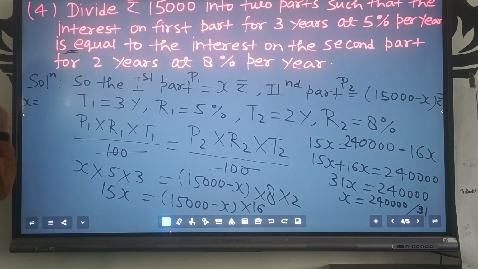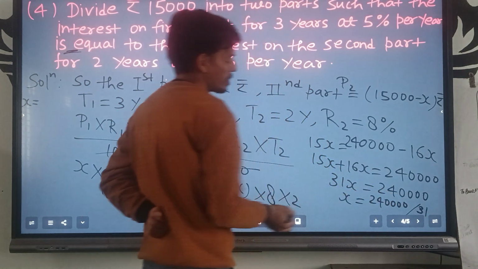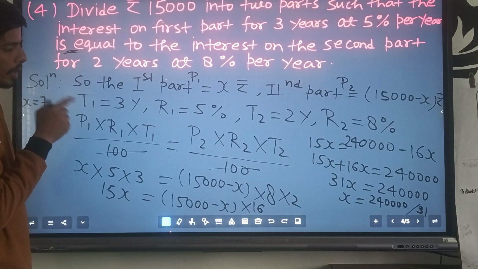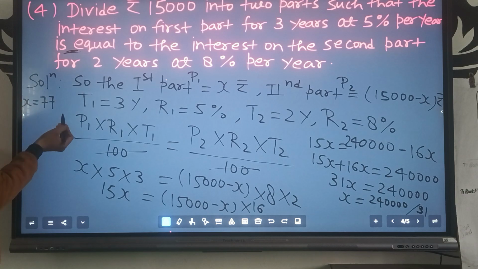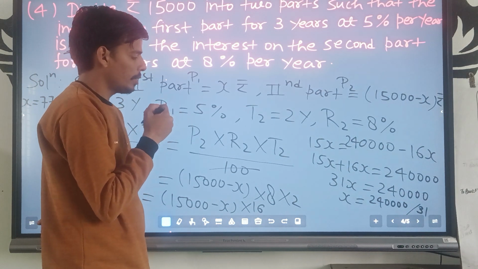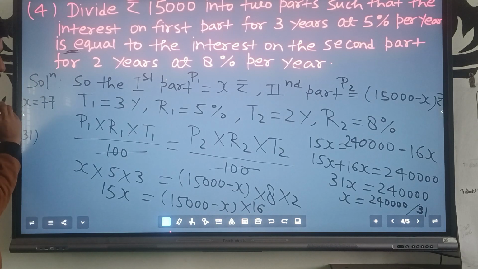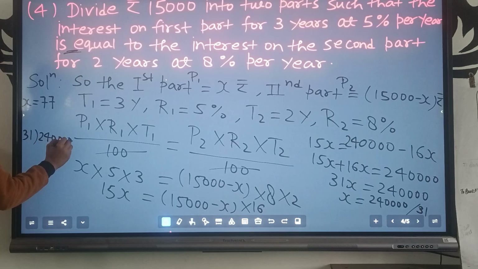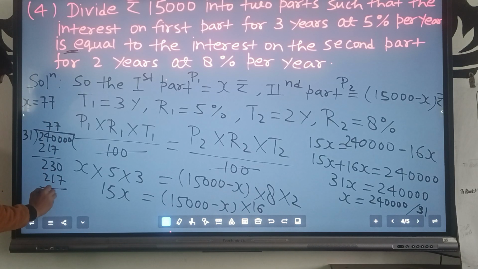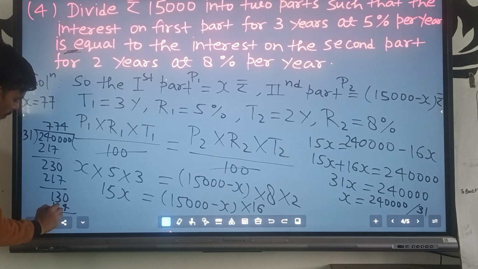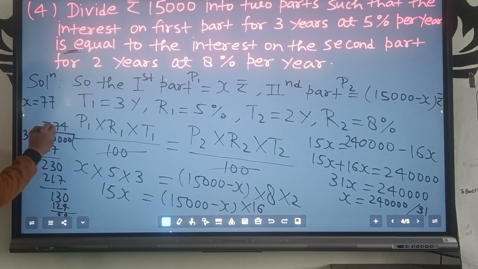So x equals 2,40,000 divided by 31. 31 7s are 217, carry and continue, and the next digit is also divisible 7 times. Continuing the division, 31 4s are 124, and then 31 2 approximately 2 times.